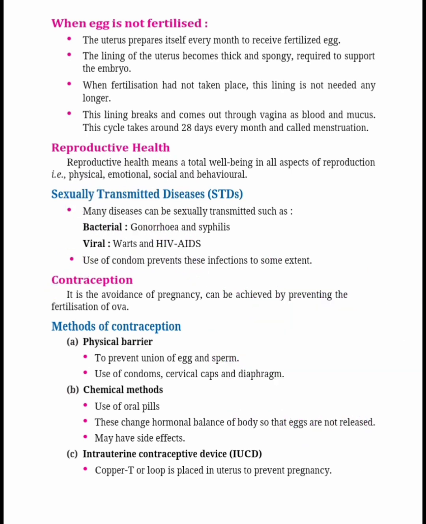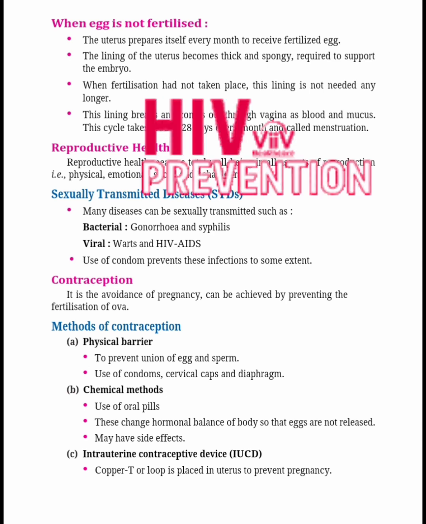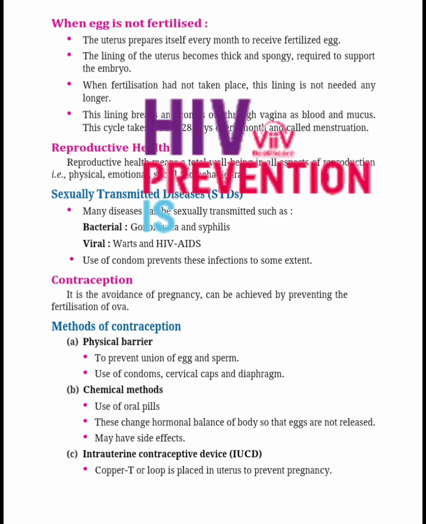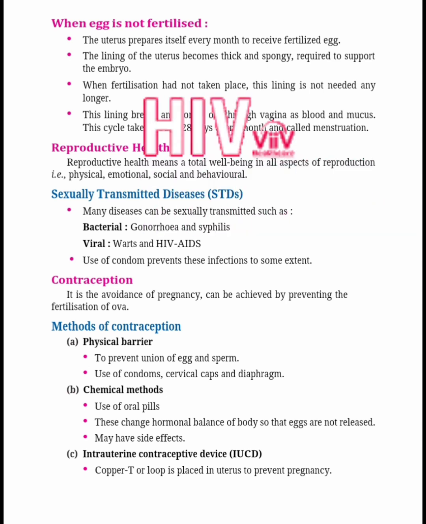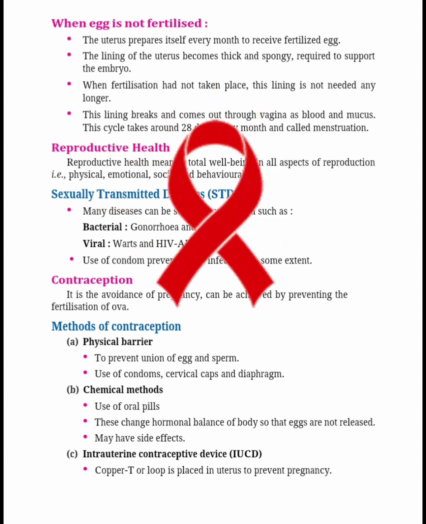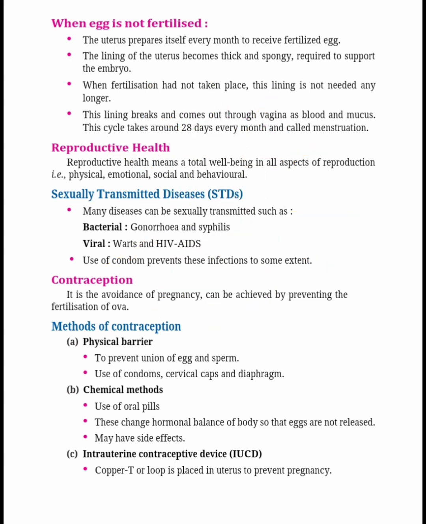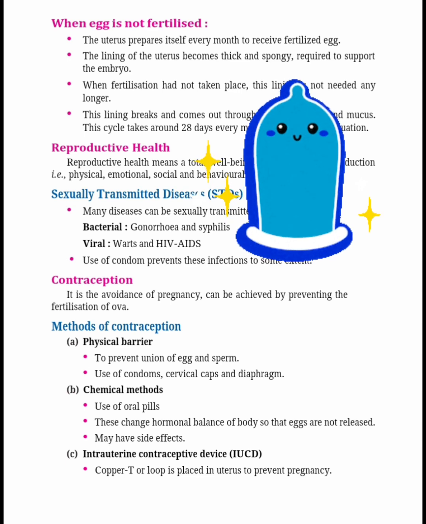Bacterial diseases are gonorrhea and syphilis, and viral diseases such as warts and HIV/AIDS. The abbreviation for HIV is human immunodeficiency virus and AIDS is acquired immunodeficiency syndrome. These diseases can be prevented by using condoms. It prevents these infections to some extent.